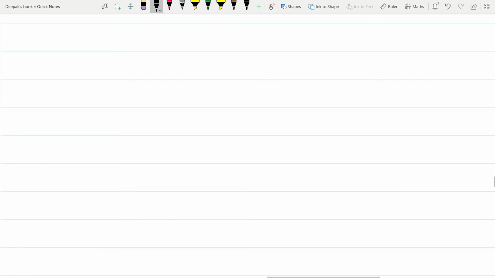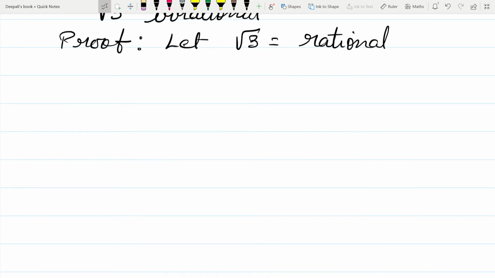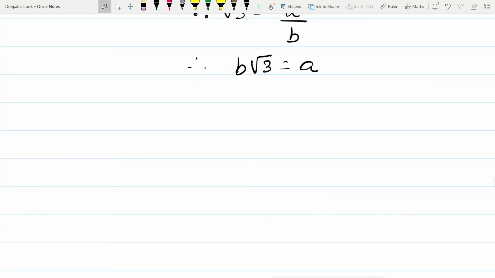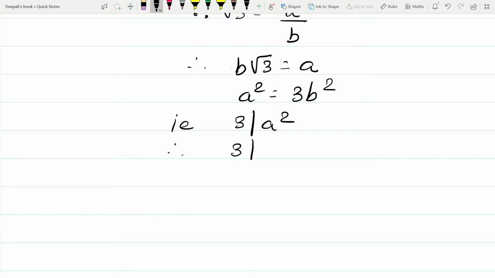Now if root 3 is rational, therefore root 3 is equal to a upon b. Therefore b root 3 is equal to a. Squaring on both the sides, a square is equal to 3b square. That is 3 divides a square. Therefore 3 divides a according to theorem 1.3.